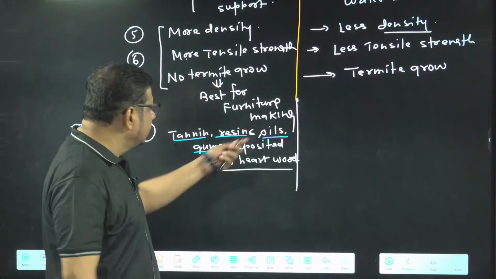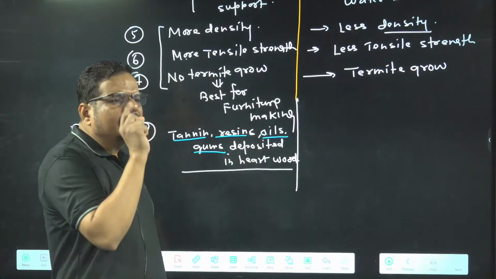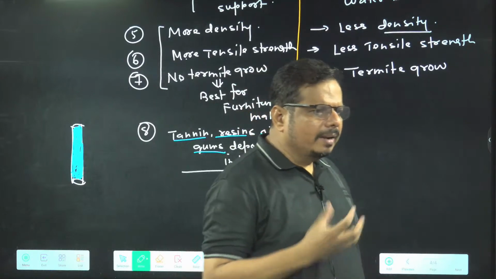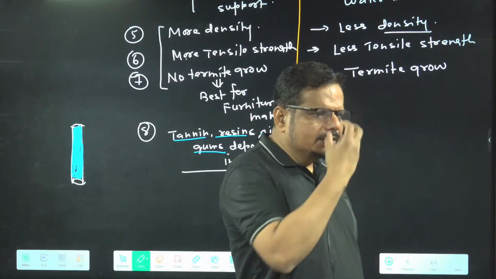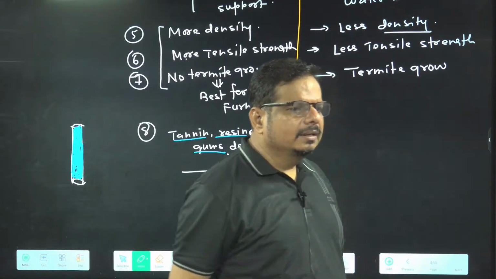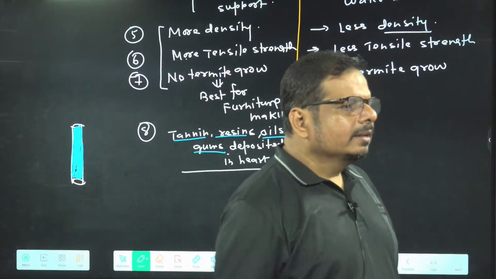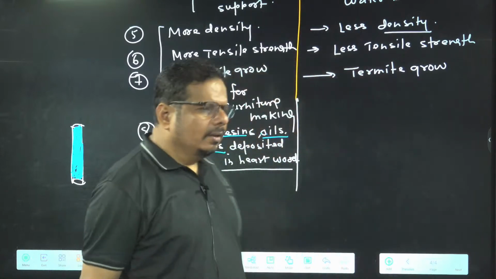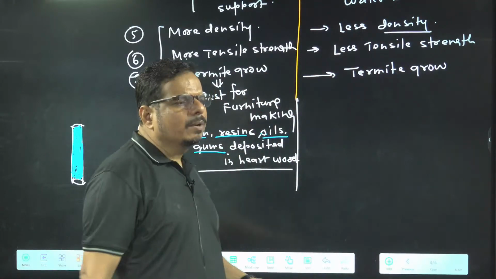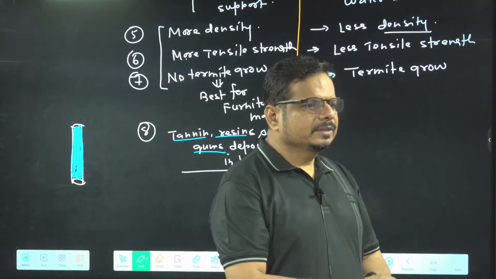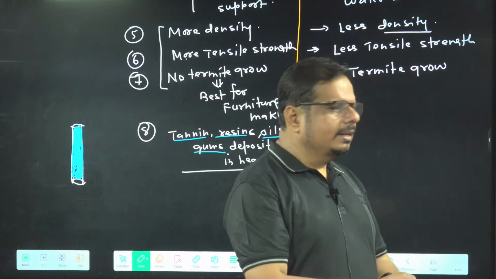And these essential oils have a particular aroma, and this aroma repels termites. Termites don't like this smell, and they move away from there. So it acts as a termite repellent as well. When you purchase furniture made up of heartwood, that is more durable furniture, as well as costly.